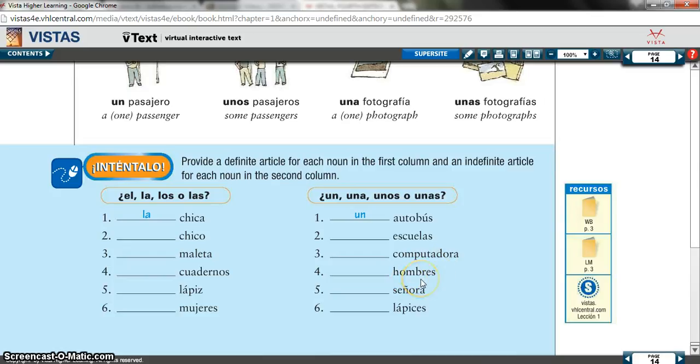Hombres, you know, means man, and that's plural, so it's men, so unos hombres. Señora, singular, feminine, because it means Mrs., as in Señora Brooke, Mrs. Brooke. Señora, so it's going to be una señora, a lady. Lápices is masculine and plural, so unos lápices.